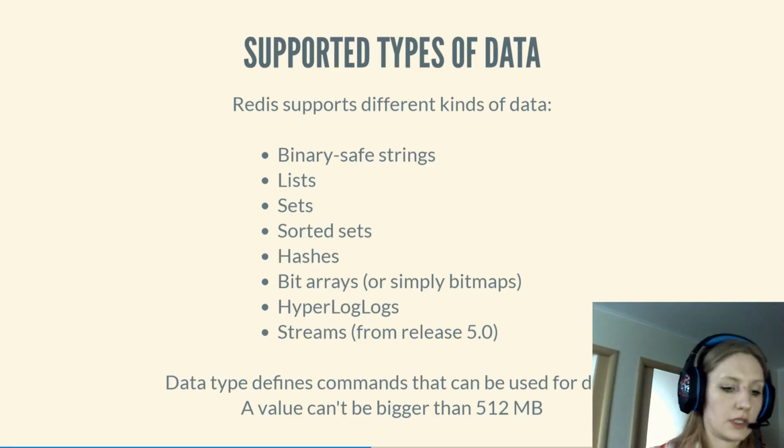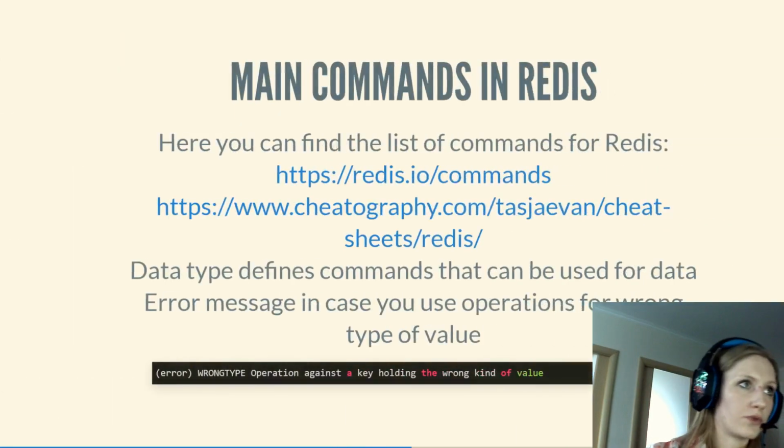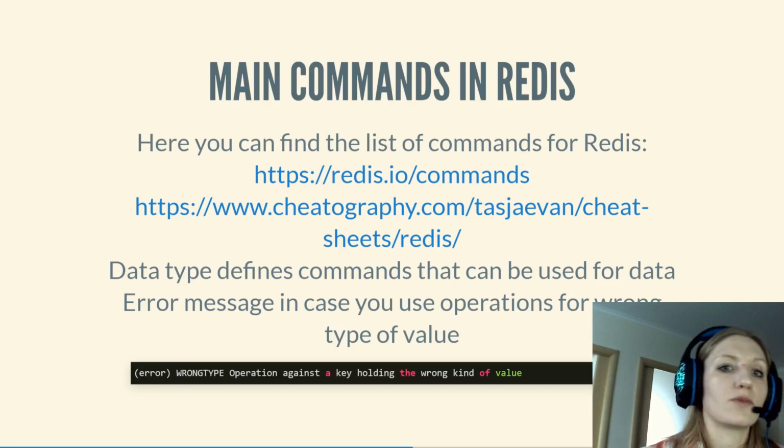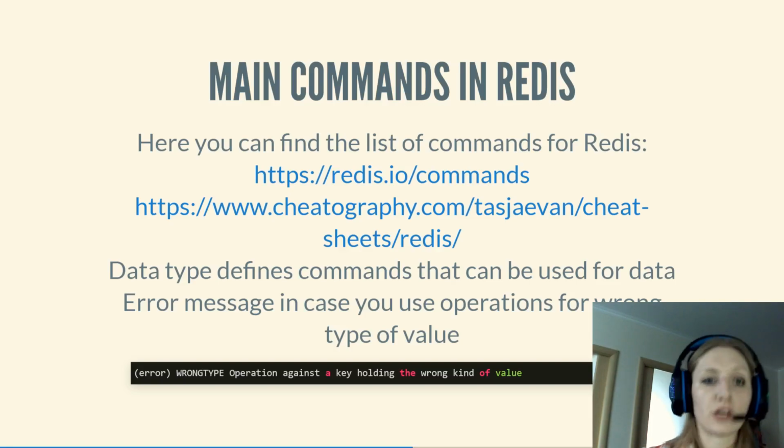The type of data you use for your value defines the commands you can use for it. Main commands in Redis have very good documentation, and you can find here 2 links to them. All the commands are very well described, and there is a tutorial on the website. You can just try it and see what commands are defined for each type of data.